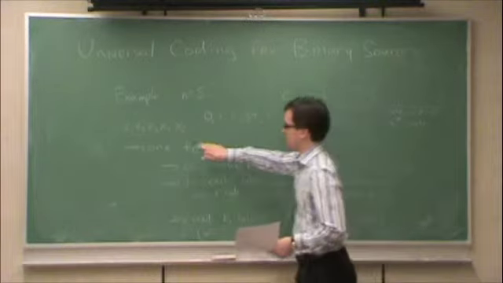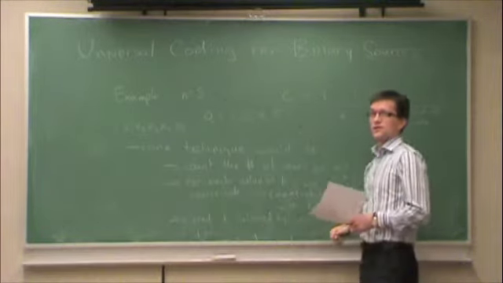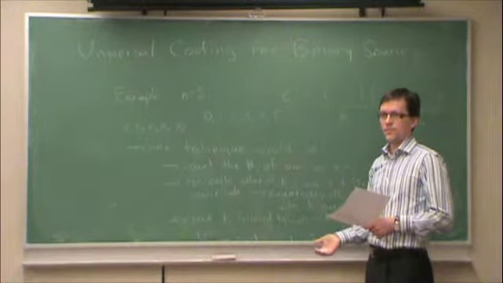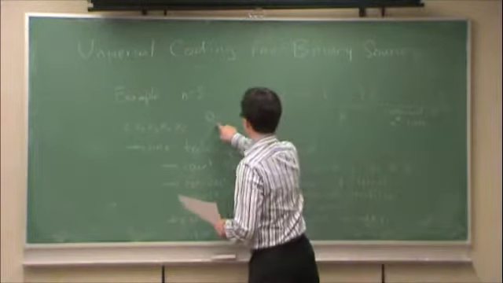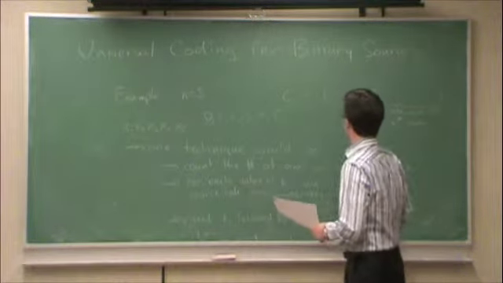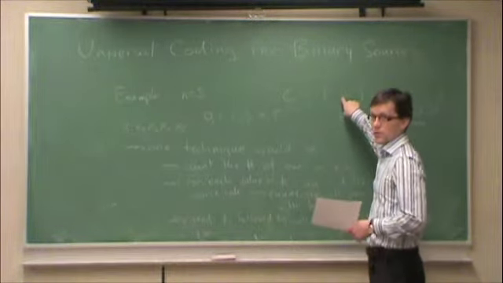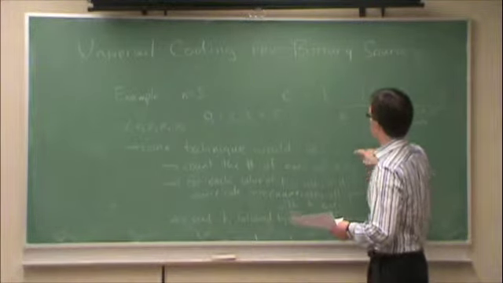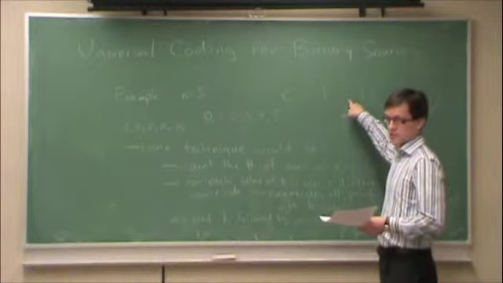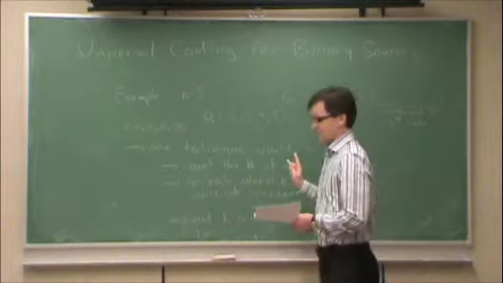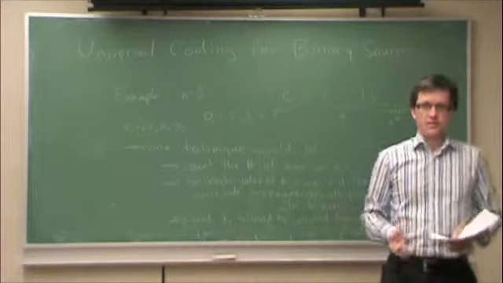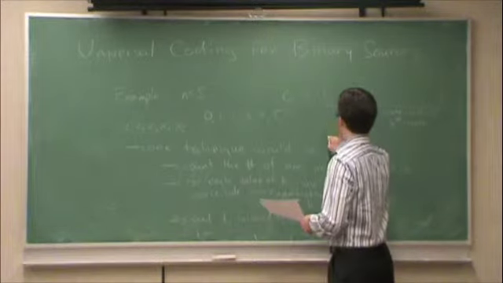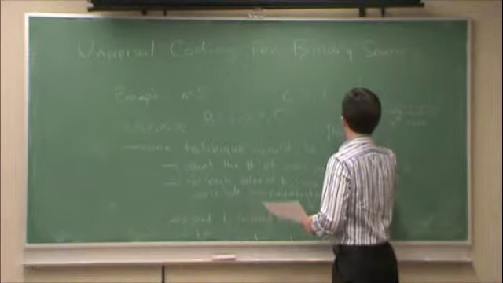In the case of 5, all of these are 1. So how many possibilities do I have? I have 6, which is n plus 1. 1, 2, 3, 4, 5, 6. Or excuse me, it's some integer with n plus 1 possibilities. How many bits do I need to express n plus 1 possibilities? Ceiling log n plus 1.